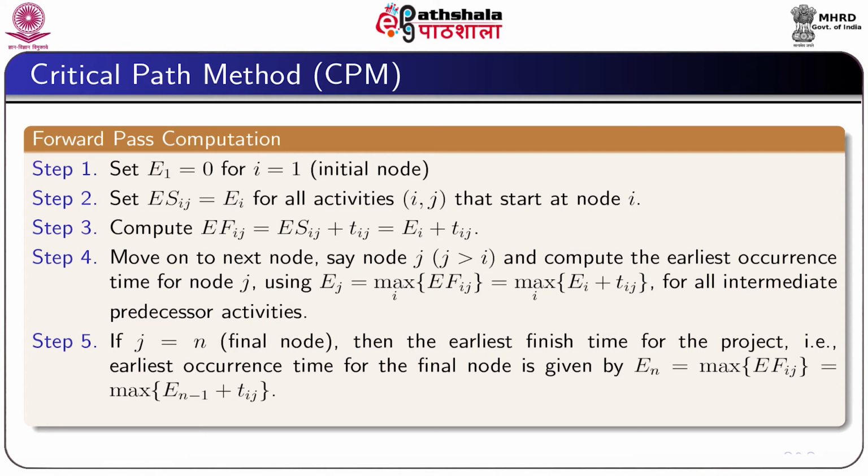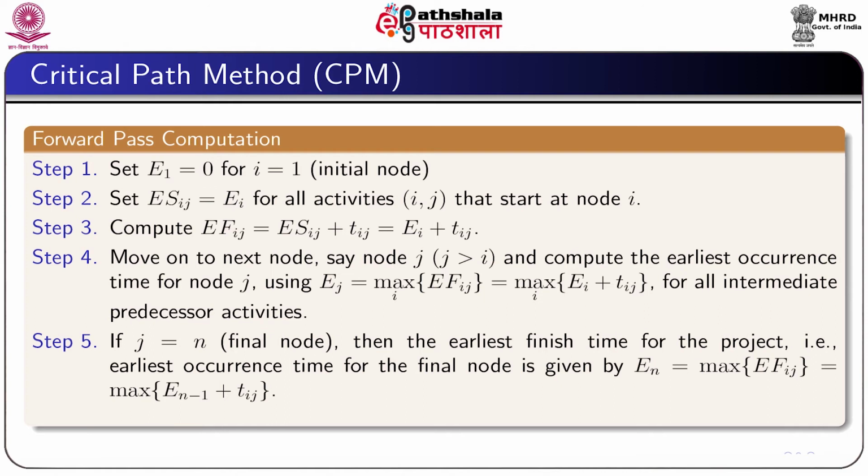Then move to the next node, say j, where j is greater than i, and compute the earliest occurrence for the node j, that is Ej equal to maximum over i of EFij, which is actually maximum over i of Ei plus Tij for all immediate predecessor activities.